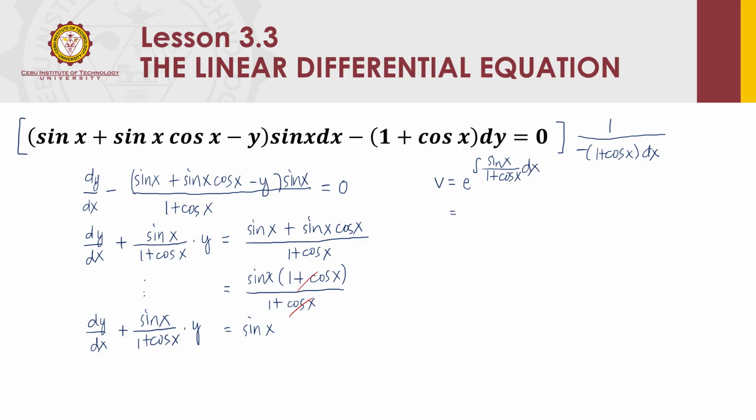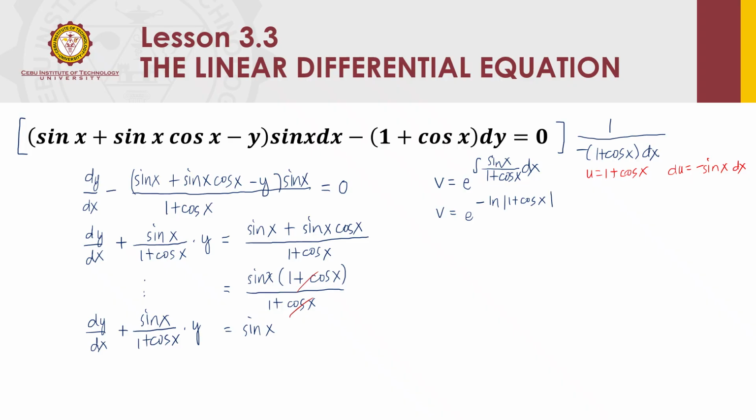That means it's e to the, using simple substitution, we let u be equal to 1 plus cosine of x, and du would be negative sine of x dx. So we need a neutralizing factor, the negative 1. So it's negative of ln of 1 plus cosine of x. So this is our integrating factor.